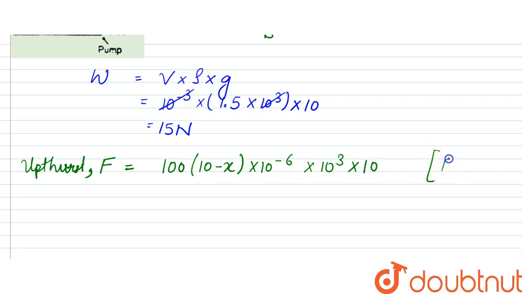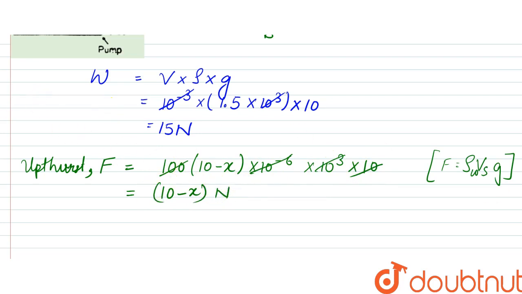So F is equal to the density of water into the volume submerged into g. This would be 10 to the power 4 and the other is 10 to the power 6, so this cancels out and we get 10 minus x Newton to be the upthrust force here.